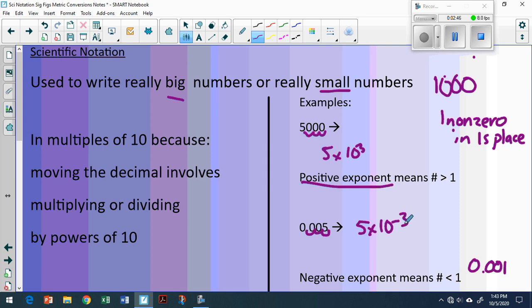Same thing, if I would type 5 times 10 to the negative third in the calculator, I would get 0.005. So small numbers less than 1 get negative exponents when we convert, and large numbers are going to have positive exponents bigger than 1.